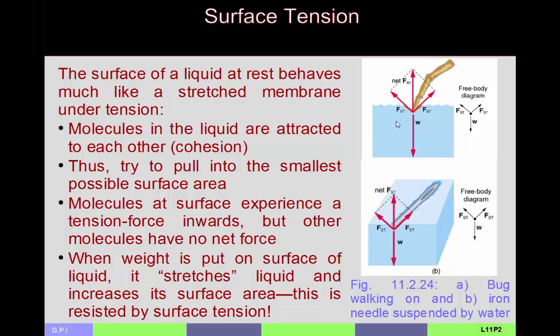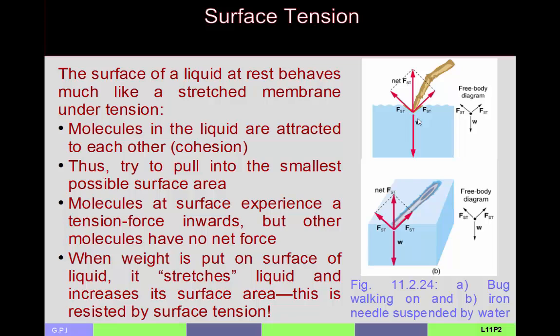Molecules that are below the surface are attracted to each other. This is sometimes called cohesion, by the way. So basically what this means is that they will try to pull into the smallest possible surface area.